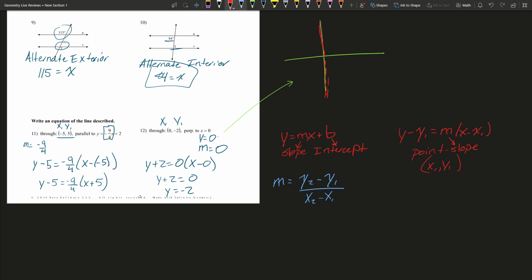And we have some point, negative 5, 5. And it has to be perpendicular to that red line. So this dotted line would be our new line. Again, this isn't the greatest example because I don't give you another slope or anything like that. But it's the same concept, just a little bit trickier. The quiz is exactly the same as this length.